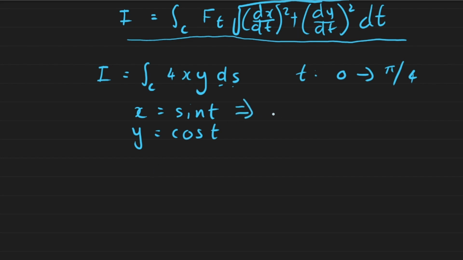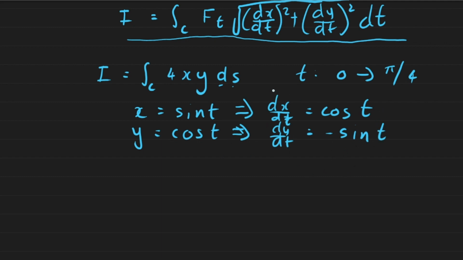We would need to find dx/dt. So dx/dt is equal to cos t, since the derivative of sine is cos. Similarly, the derivative of y, so dy/dt, is equal to minus sine t, since the derivative of cos is minus sine.